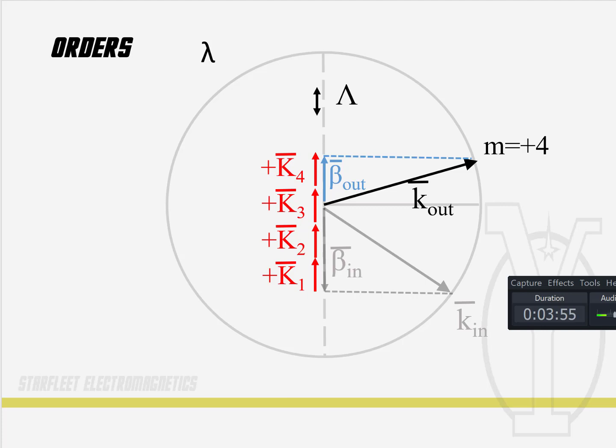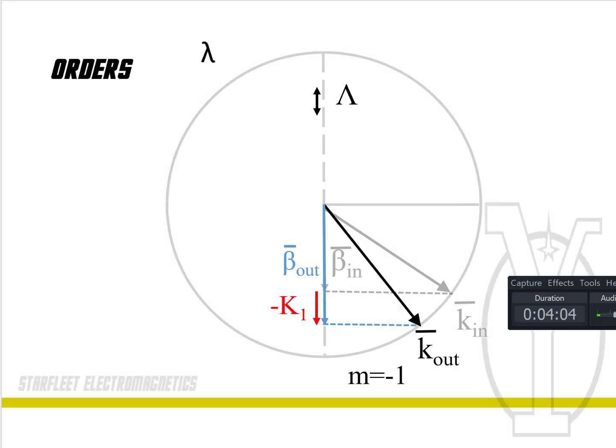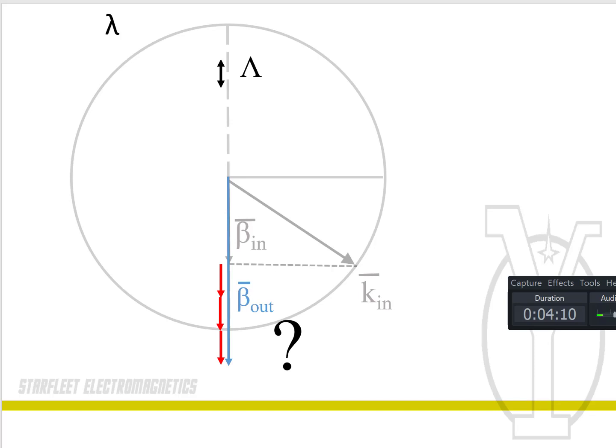Here we see the positive 4th order diffracted beam. We can also subtract big K to get negative orders. But don't get too greedy. If you add or subtract big K too many times, your output will become evanescent.